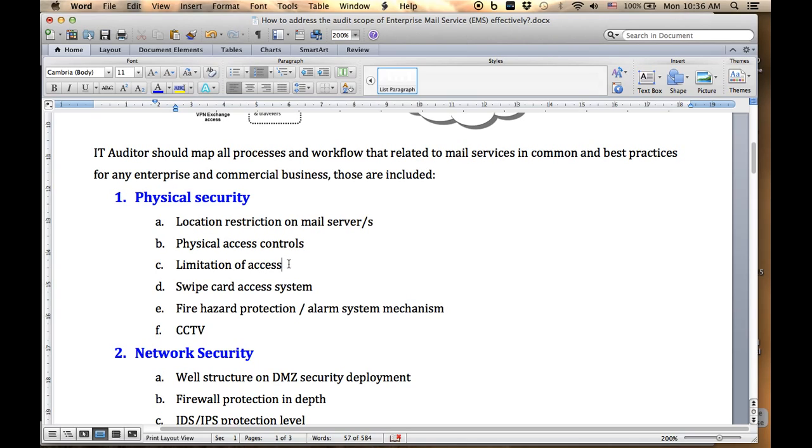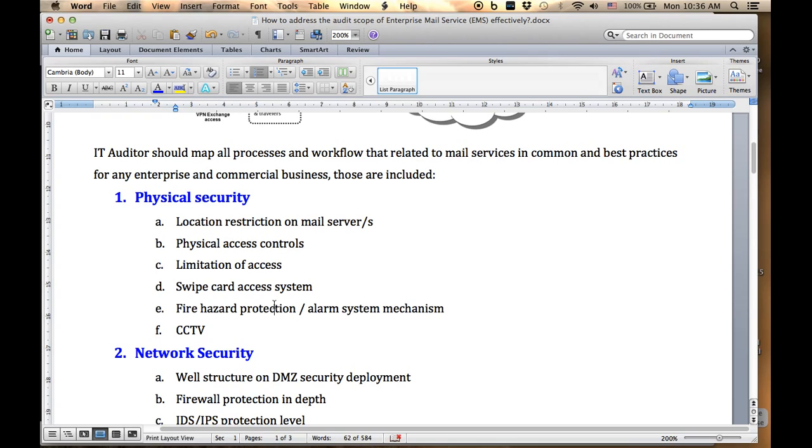The next is limitation, where we talk about least privilege, the lowest privilege, to identify who the authorized person is to access the server, and also using a swipe card access system to protect the mail server from unauthorized persons or unauthorized access.